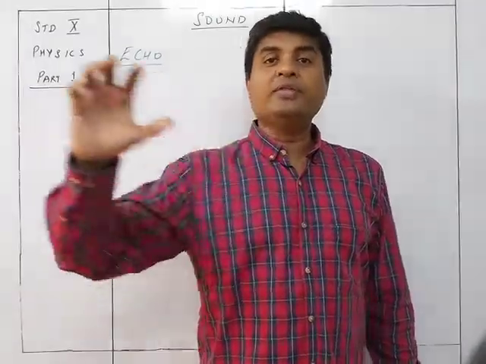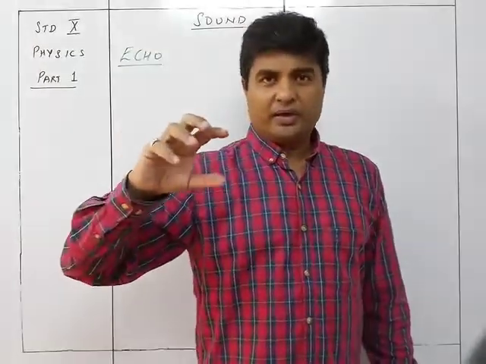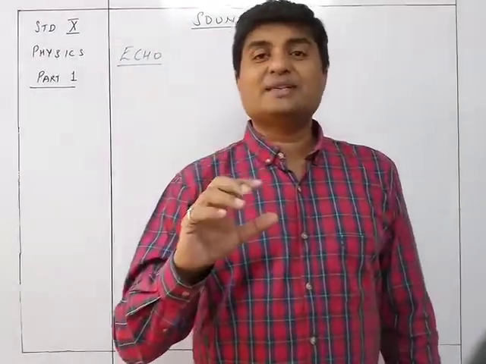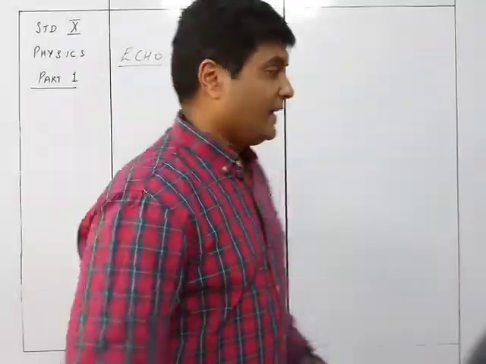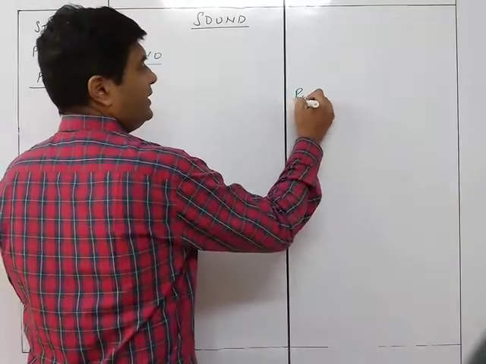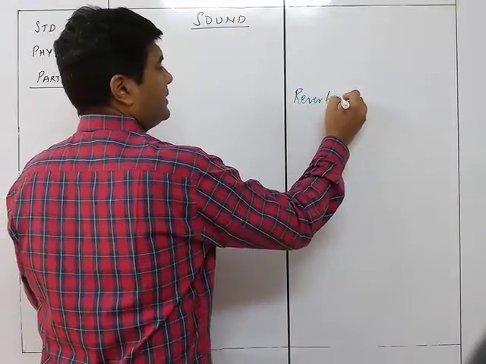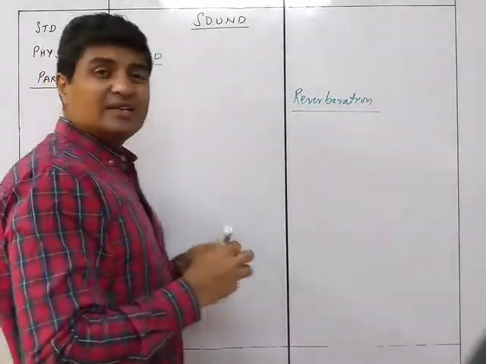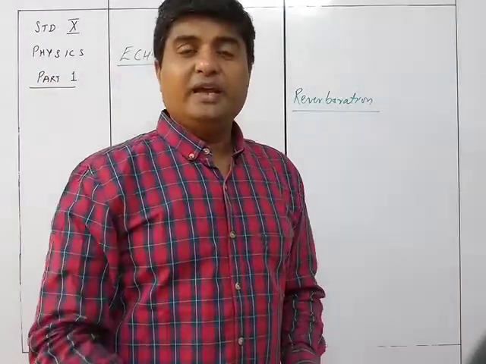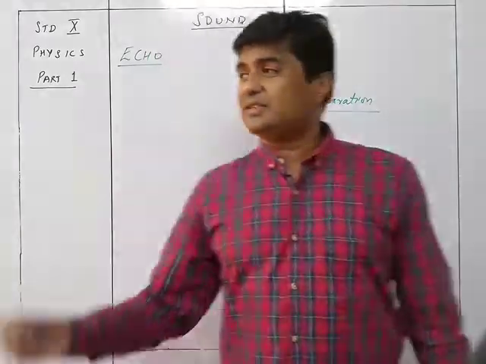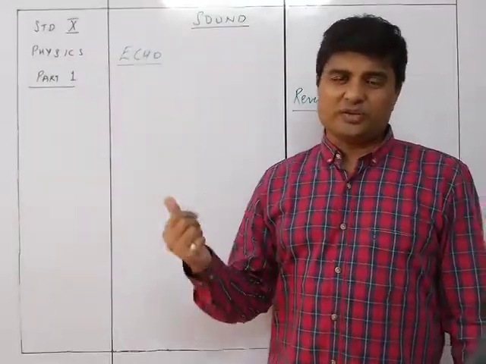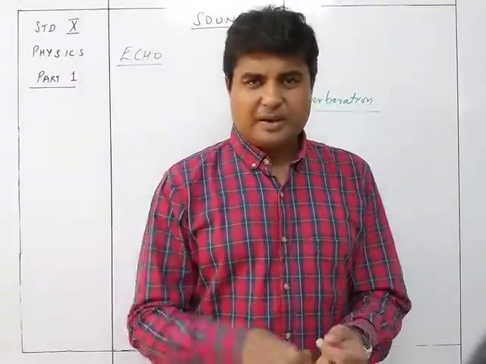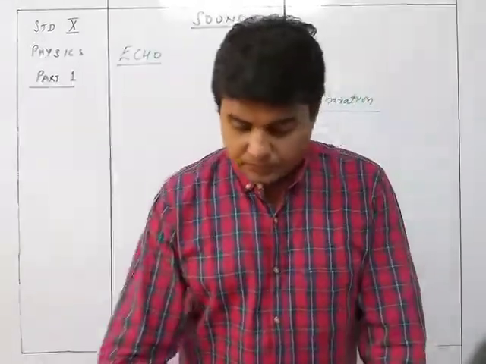But if Bhavin is just extended, then that is not an echo, that is reverberation. Reverberation is the elongation of the sound waves, whereas this is the exact reflection of the sound wave. We'll see reverberation in the chapter, so we'll understand that also later.